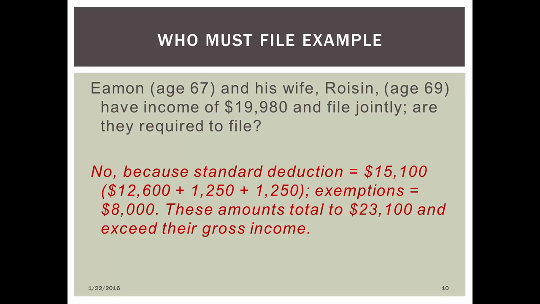Their exemption is $8,000. They have two exemptions, $4,000 apiece. Now I'm going to add up the $15,100 standard deduction plus the $8,000 exemption. That equals $23,100. They have less than $23,100 of income, and so they are not required to file.